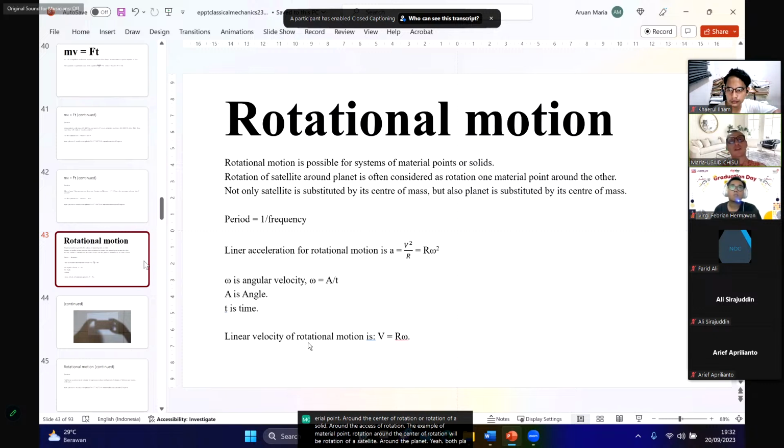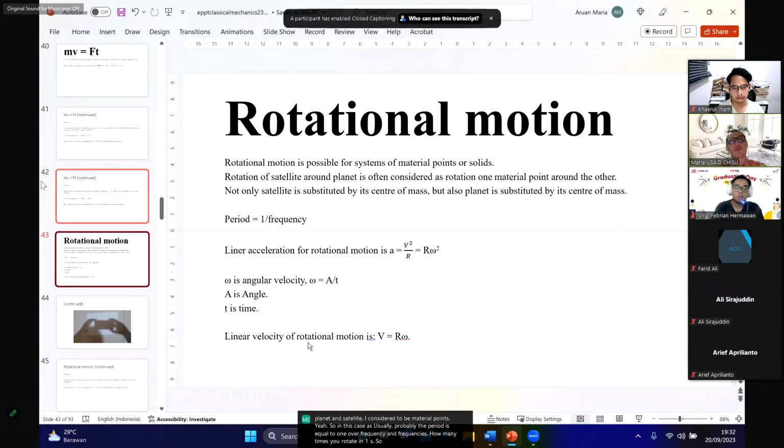Both planet and satellite are considered to be material points. In this case, the period is equal to 1 over frequency, and frequency is how many times you rotate in 1 second.